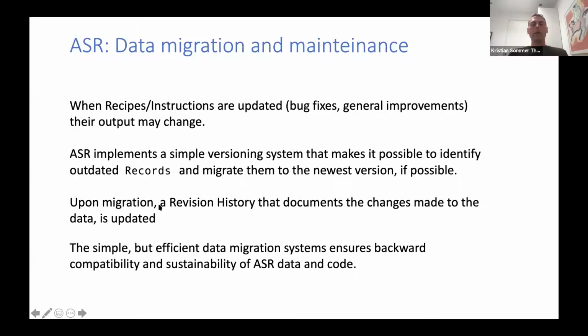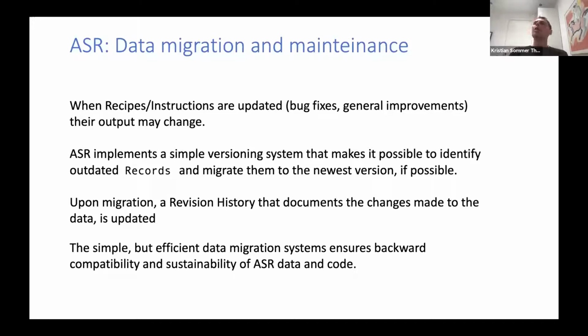So whenever you migrate a record object, there is a revision history that documents the change that is being updated. So for a given record, you can go in and follow the revision history and see whether this record has actually been subject to migrations. So that is part of the data provenance.